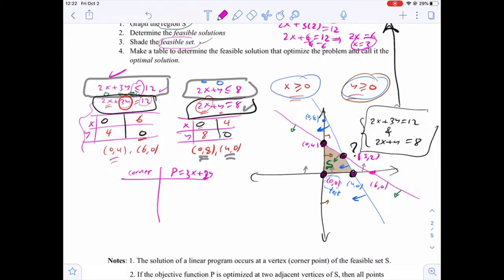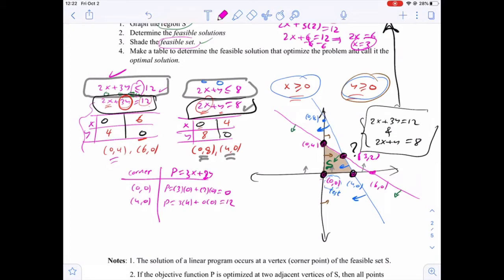Now, the first point is 0, 0. We plug it here, so we find the value of P. P is 3 times 0 plus 2 times 0, and that's equal to 0. Now we plug in 4, 0. P is 3 times 4 plus 2 times 0, which is equal to 12.